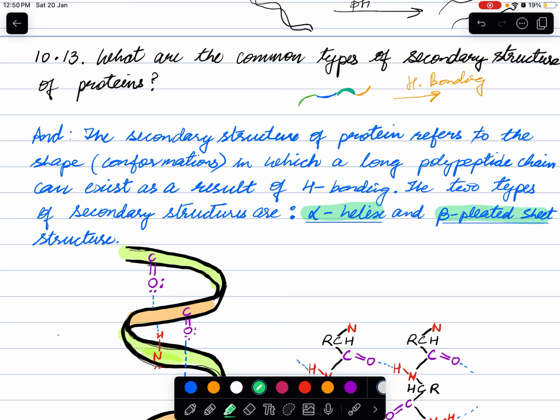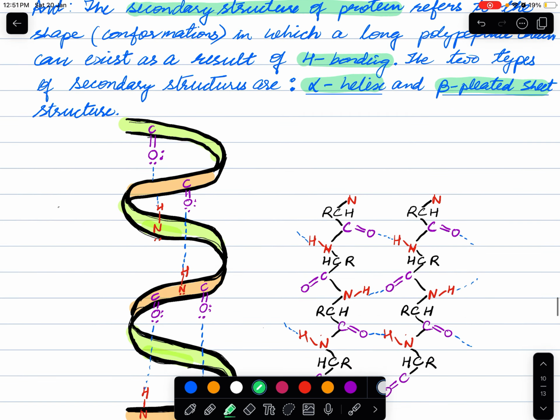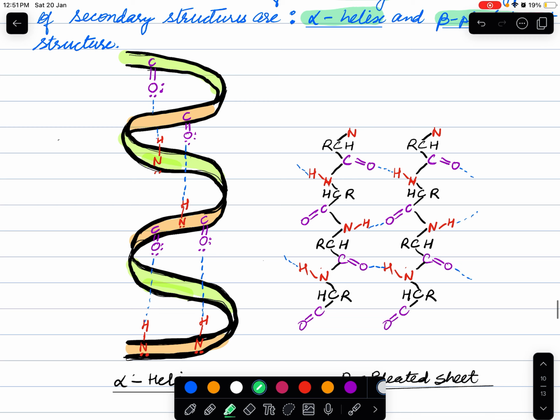Okay, so these two structures are what? They are the secondary structures of protein. And why are these structures formed? Because of the hydrogen bonding. So how do we have hydrogen bonding in these two? First diagram is of alpha helix. There we have two polypeptide chains which wind around each other. Have a look here.